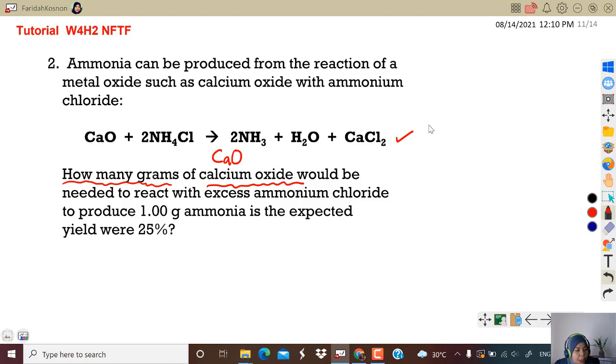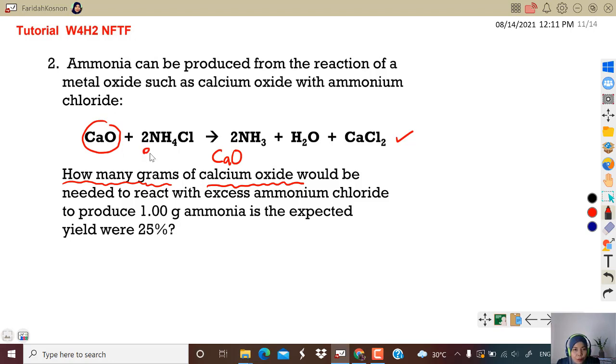Jadinya sekarang you kena fahamkan soalan ni betul-betul. Dia tanya berapa gram, berapa berat kalsium oksida yang diperlukan untuk bertindak balas dengan excess ammonium chloride.